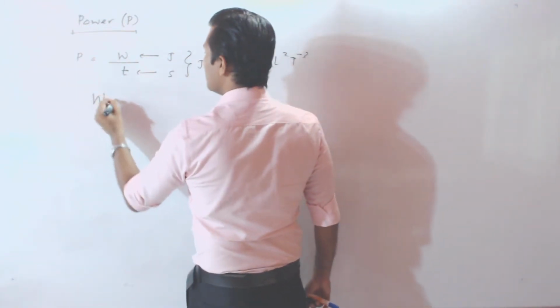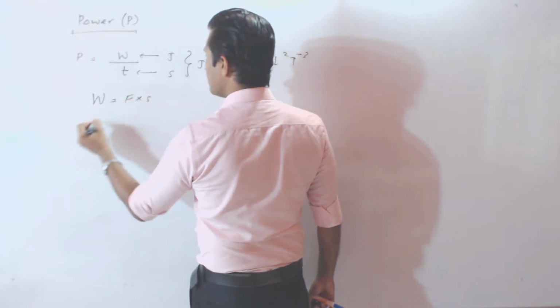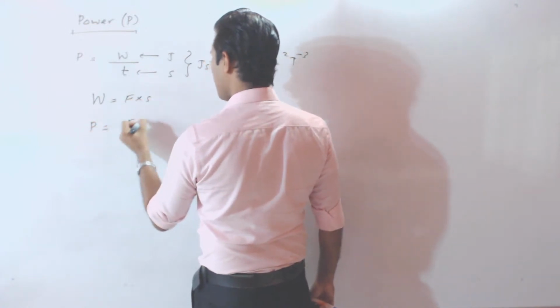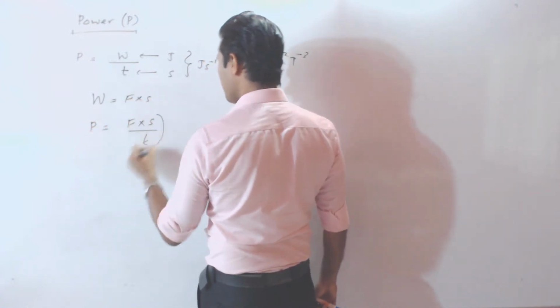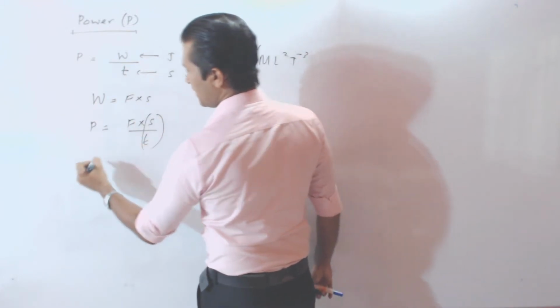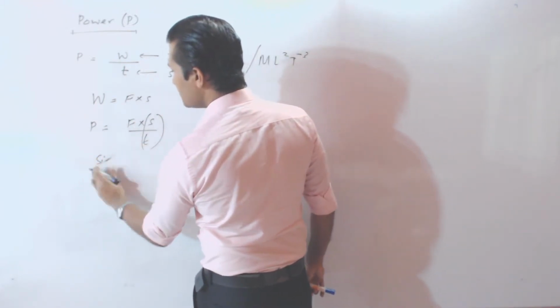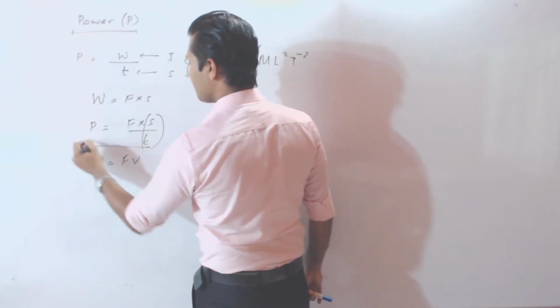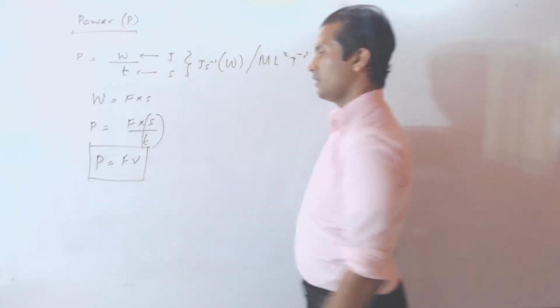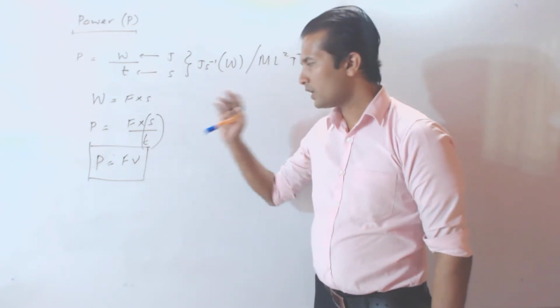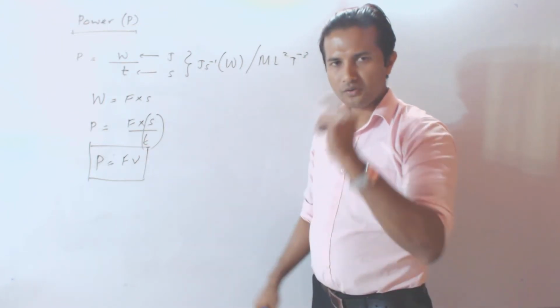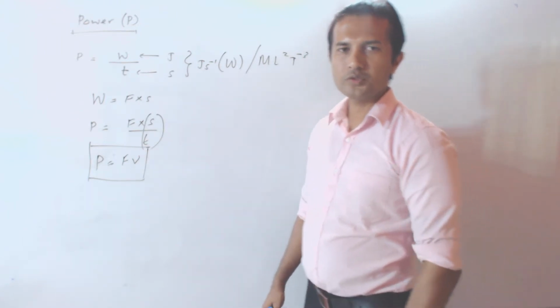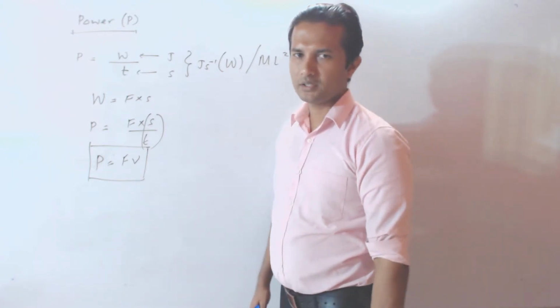Since W equals work done equals F into S, you can consider F into S divided by T. Since S divided by T equals V, P equals FV. But you are not allowed to use this equation when the object moves with uniform acceleration.